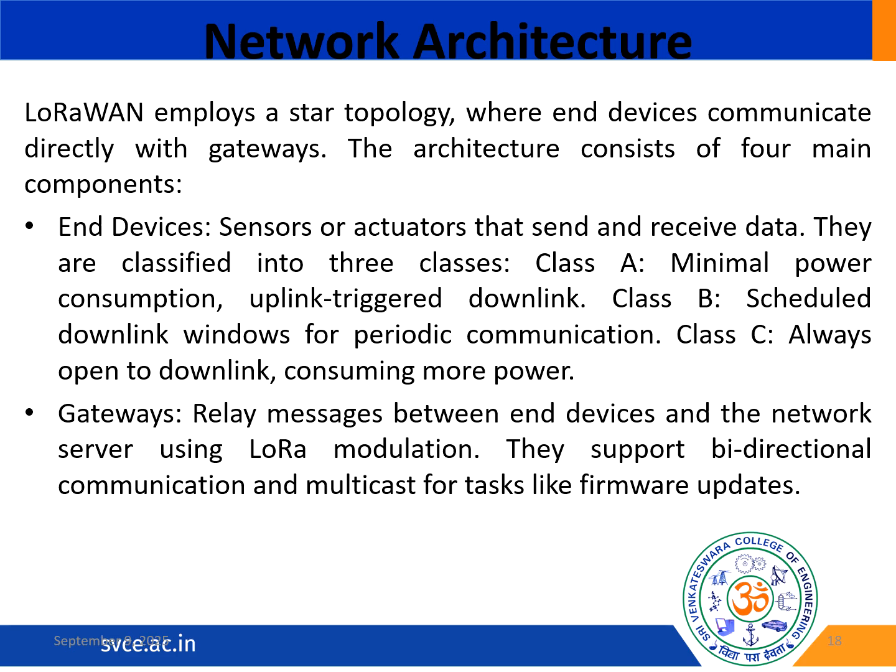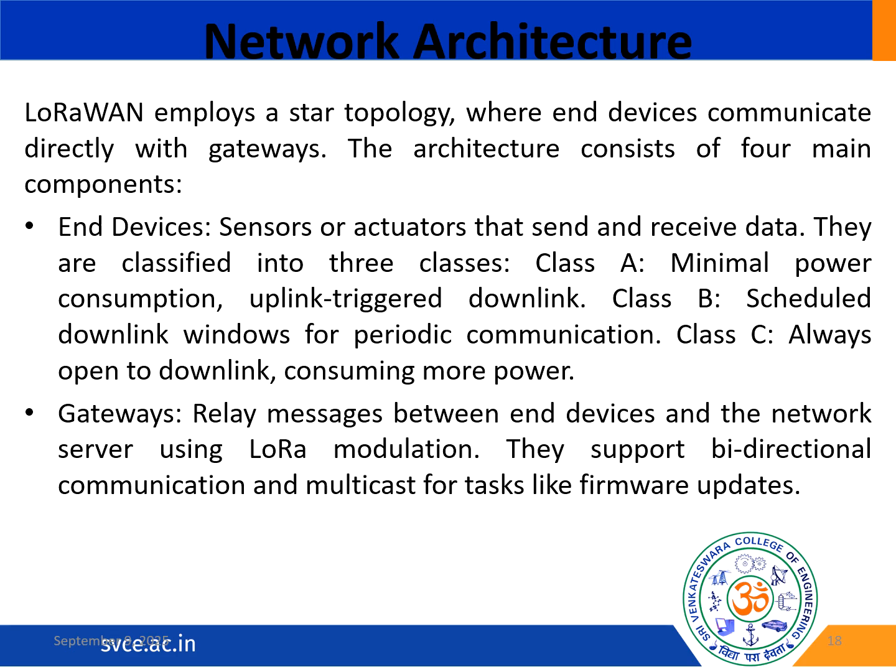When you consider class A, it is considered ultra low power usage, and it has downlink communication that occurs in response to an uplink transmission. Class A is ideal for battery powered devices.